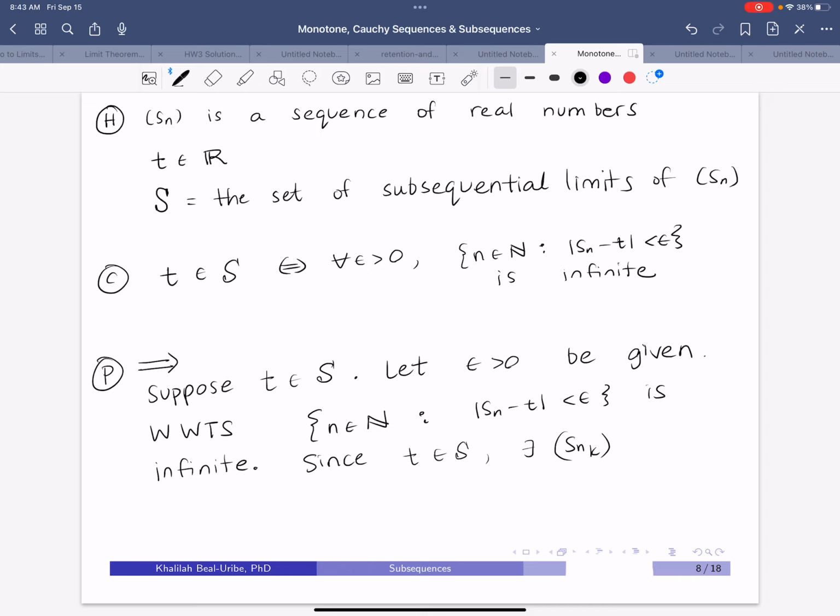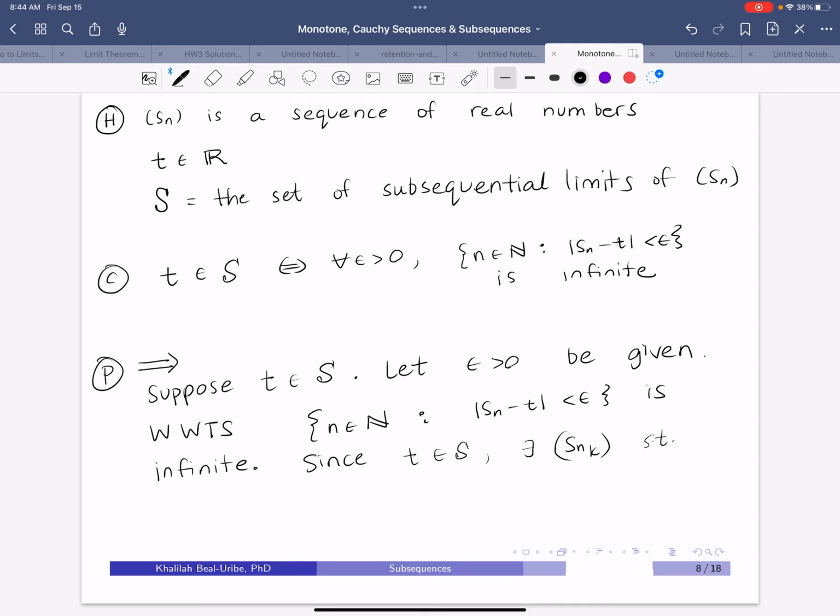So let me say that again. Snk converges to T if and only if for every epsilon greater than 0, all but finitely many terms of the subsequence Snk belong to T minus epsilon to T plus epsilon, that interval. So let's write that down.